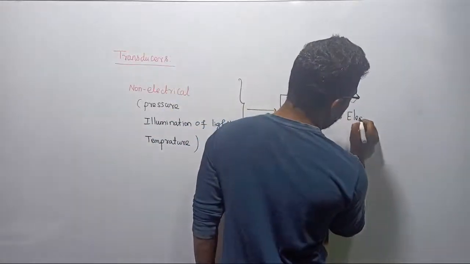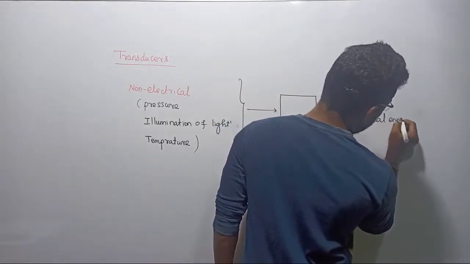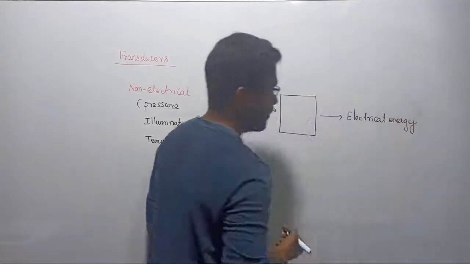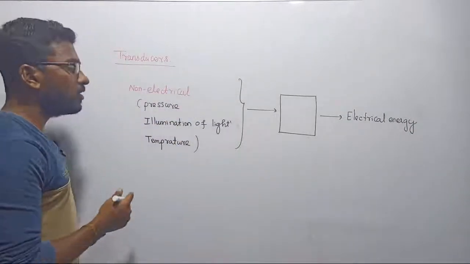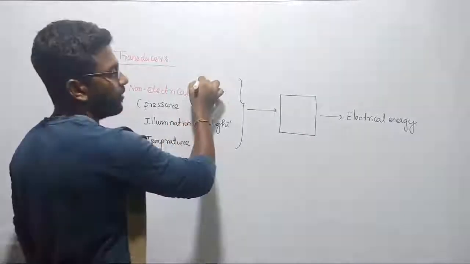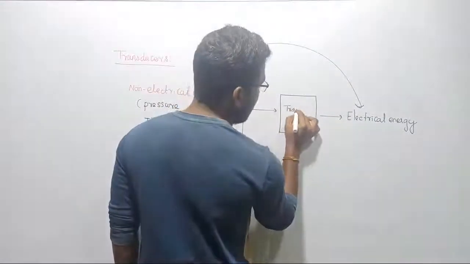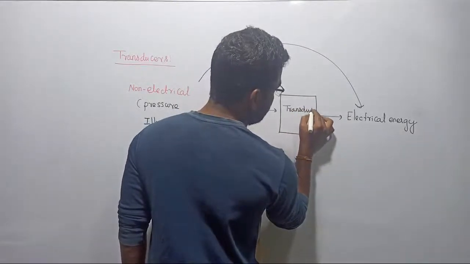Electrical energy, right? That's all. I hope you guys are getting me, right? So non-electrical quantities will be converted into electrical quantities with the help of a device. The device is simply called a transducer.